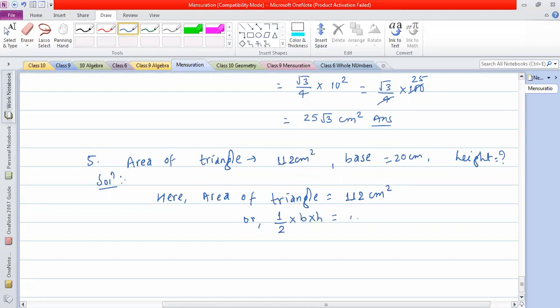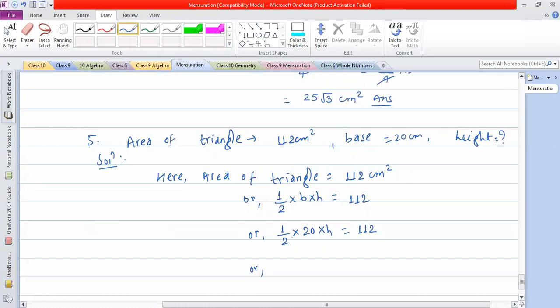And it is 112. Now you can see in the question base is given and height is been asked. So base will be 20 into h equal to 112. Or first of all cancel by 2, 2 10s are 20.